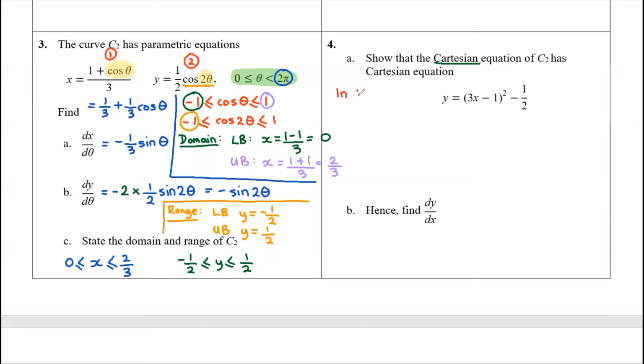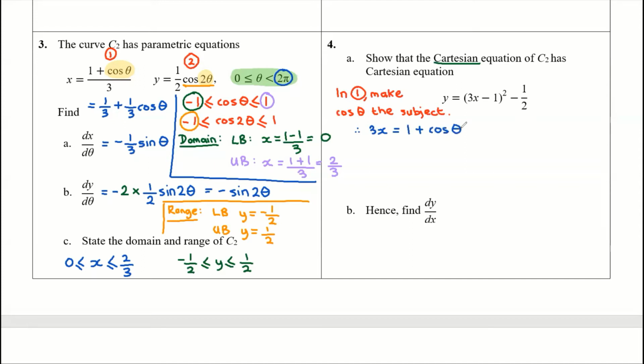So in equation 1, I'm going to make cos theta the subject. Now, if we do that, therefore 3x is going to equal 1 plus cos theta.